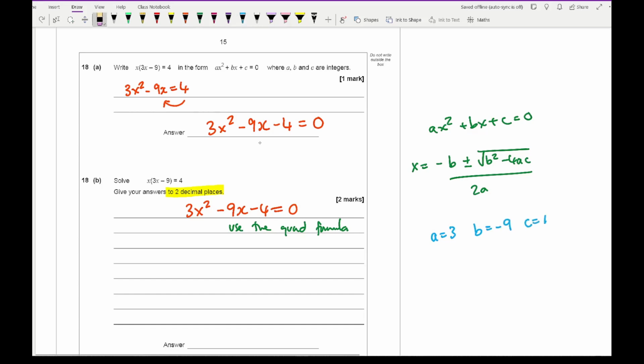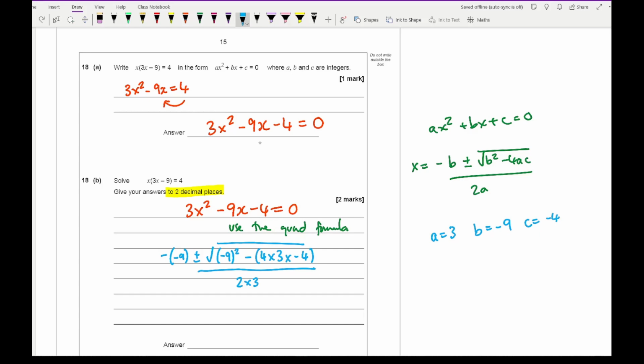Just be careful with the negatives, particularly when you're entering this on your calculator. Me personally, I would actually write this all out. So I've got minus minus 9, plus minus the square root of minus 9 squared minus 4 times 3 times minus 4, and that is all being divided by 2 times 3.